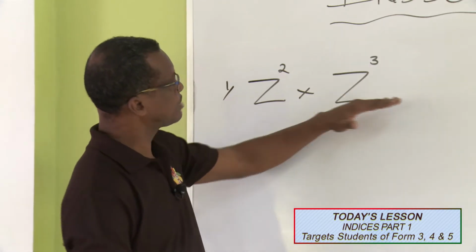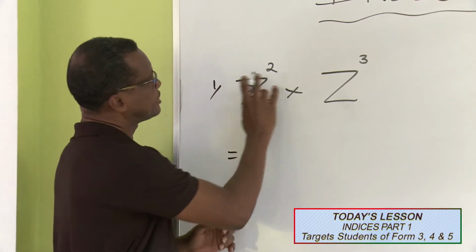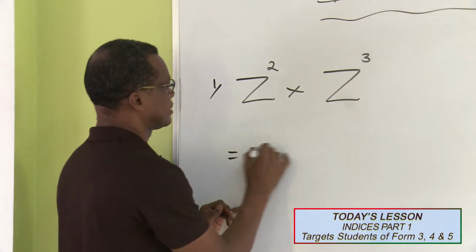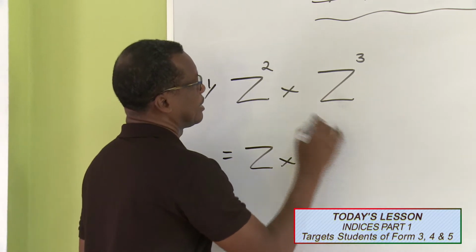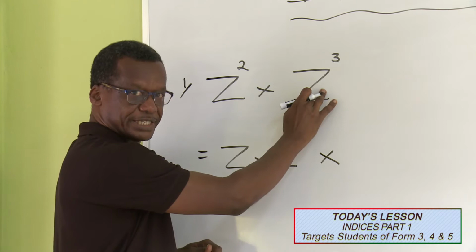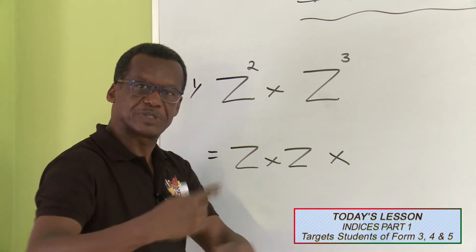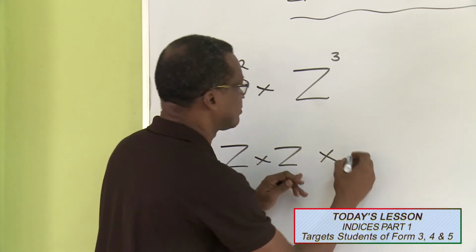Z squared multiplied by Z cubed. What does that mean? It means Z multiplied by itself twice, multiplied by Z by itself 3 times, because the power tells us how many times to multiply the quantity by itself.